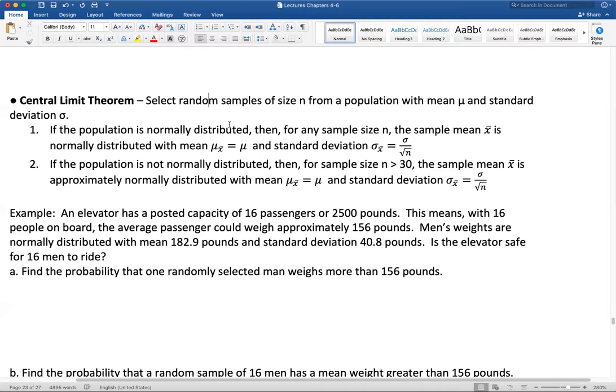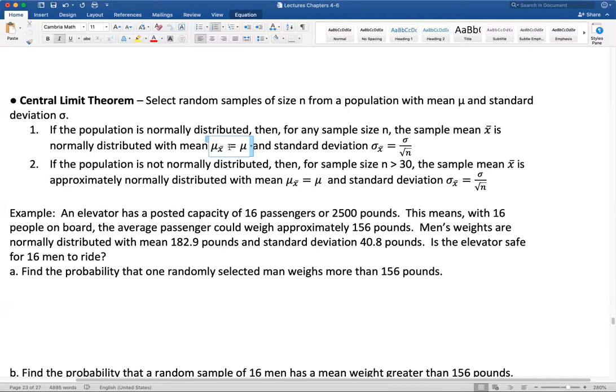So it means that the central limit theorem is talking about the statistic of multiple samples. In here mu x bar represents the mean of sample means.